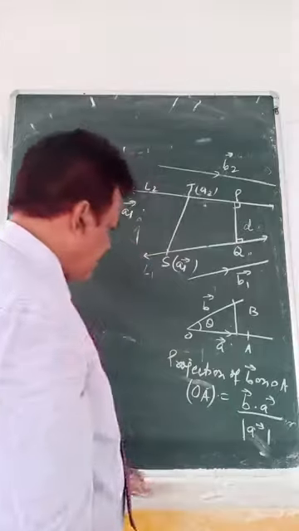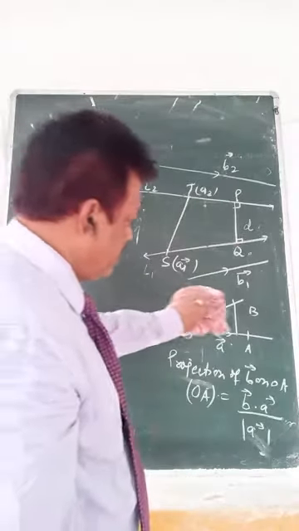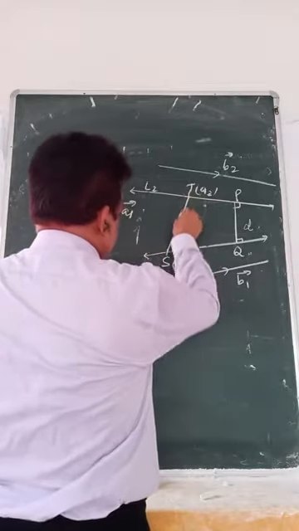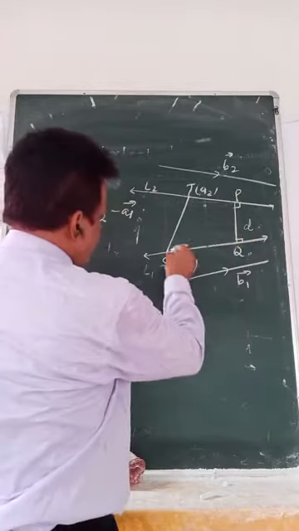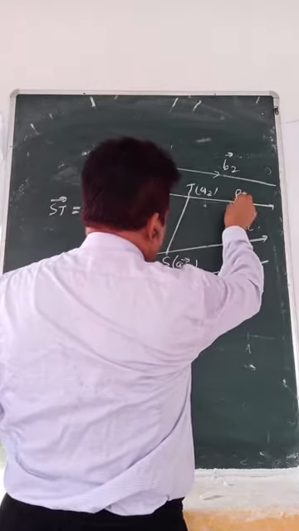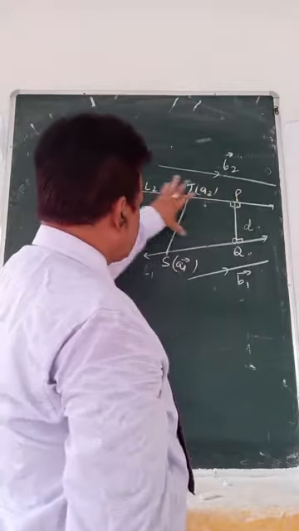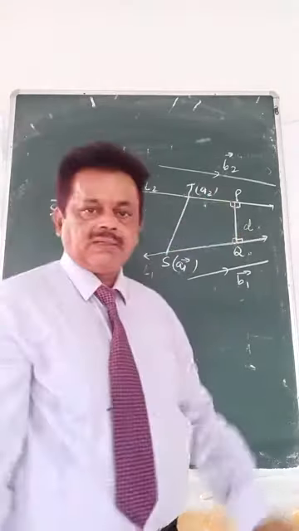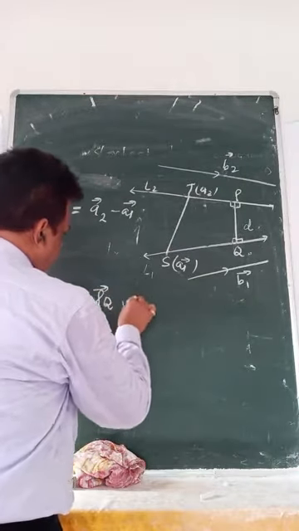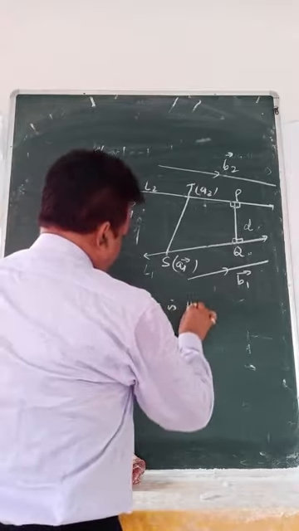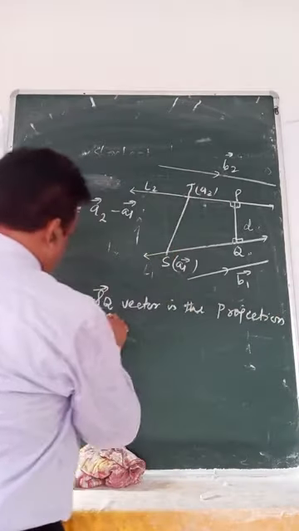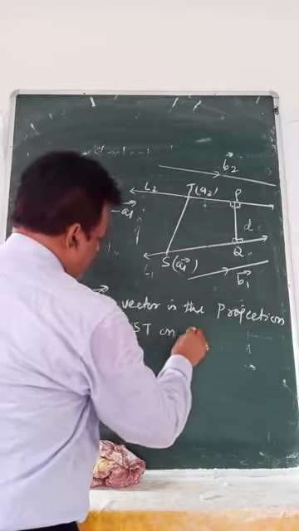So if this line is suppose like this, ST line and PQ. When you drop a line, you find this angle is 90 degrees. So PQ is now the projection of ST on PQ vector.